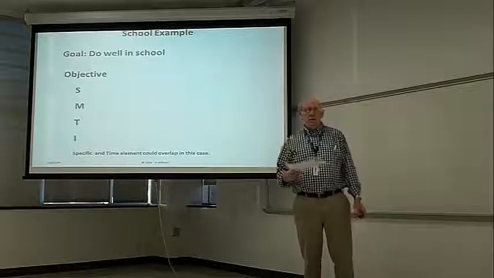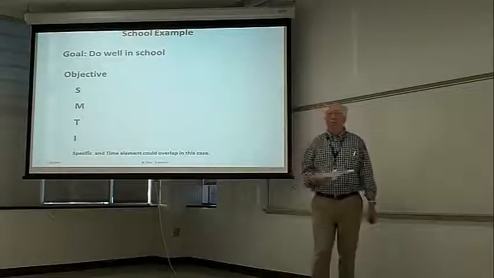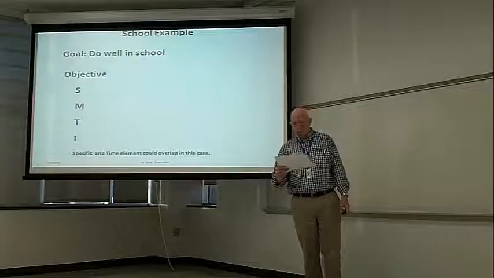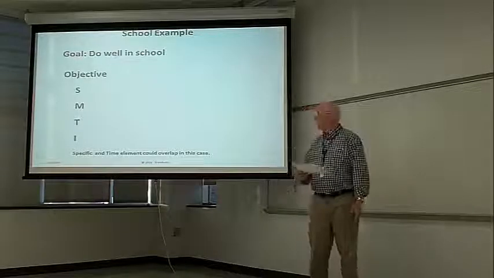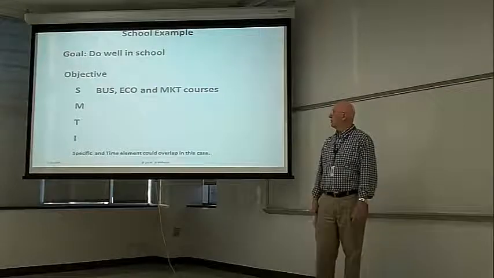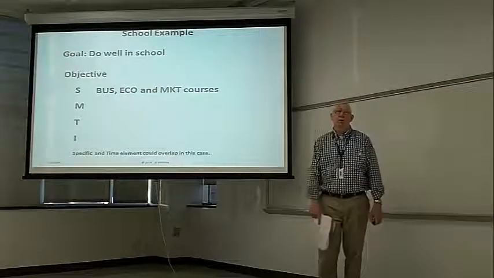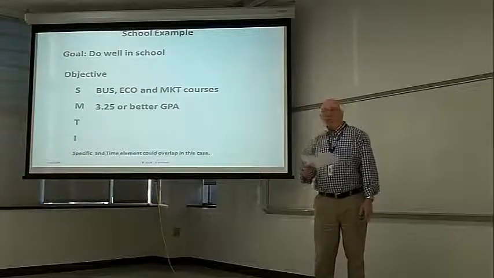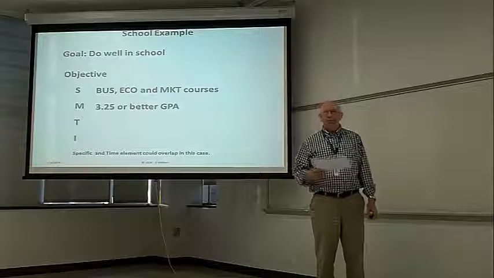If you're in a class, this is one you hear a lot about: do well in school, that nice vague goal. To be specific, perhaps just the courses in your major. In our case, it would be business, economics, and marketing. 3.25 or better. Yep, that's measurable.